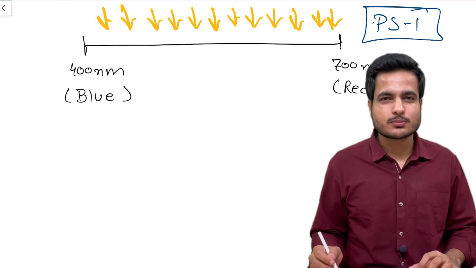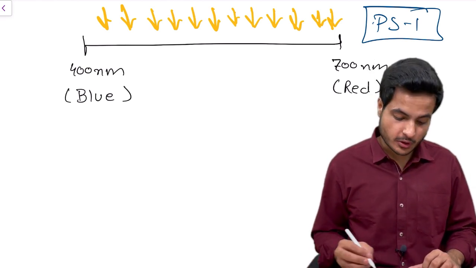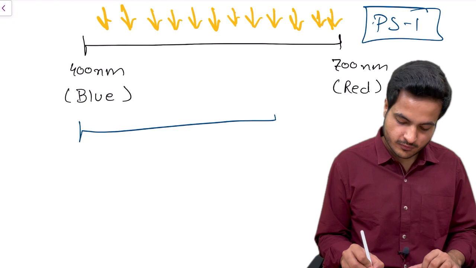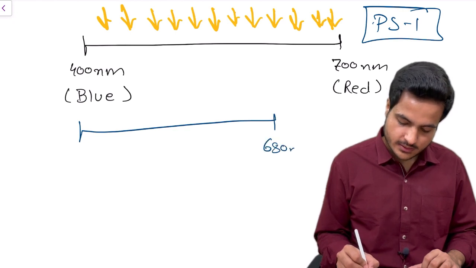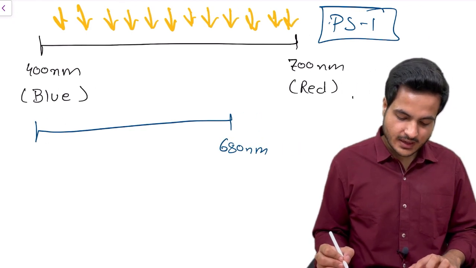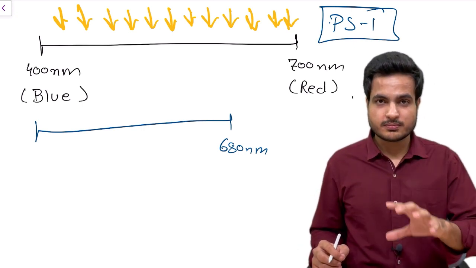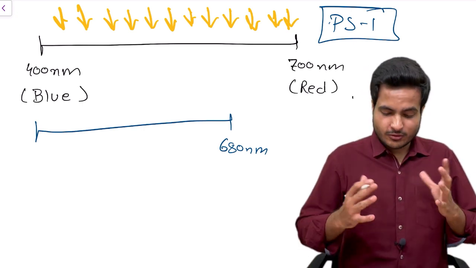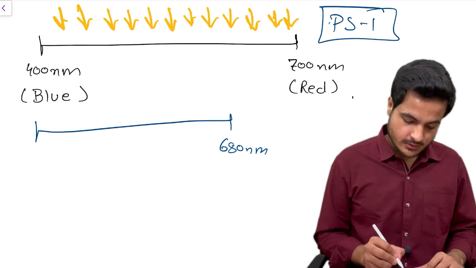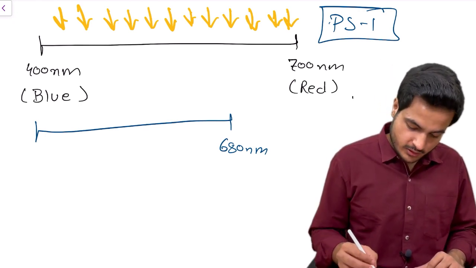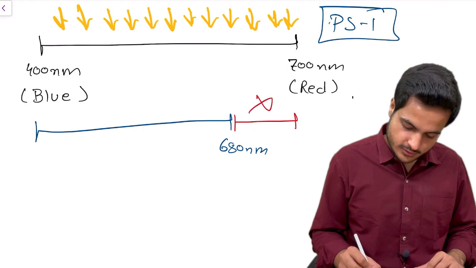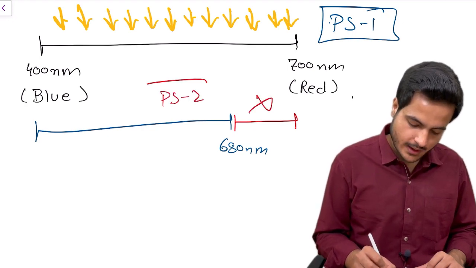But photosystem 2 lacks this power because it has an absorption peak of 680 nanometer. That means if light beyond 680 nanometer wavelength is available to the plant, photosystem 2 cannot function. Beyond 680 nanometer, photosystem 2 will not absorb light.